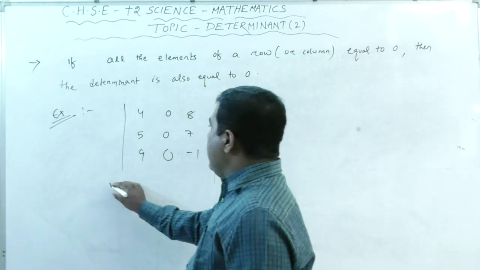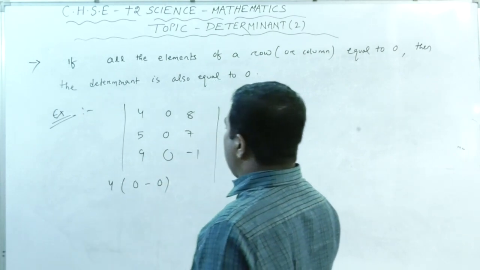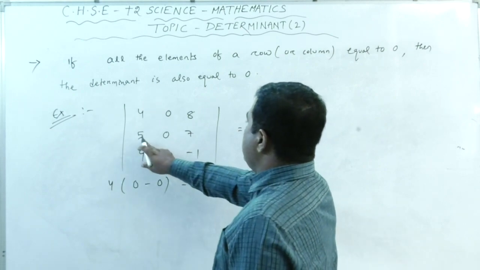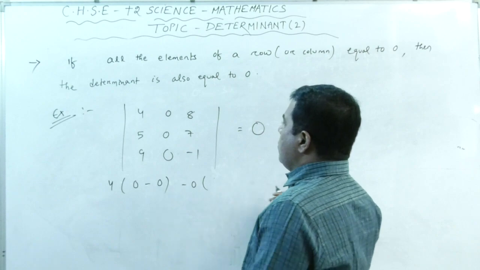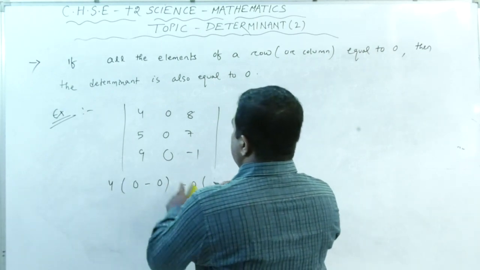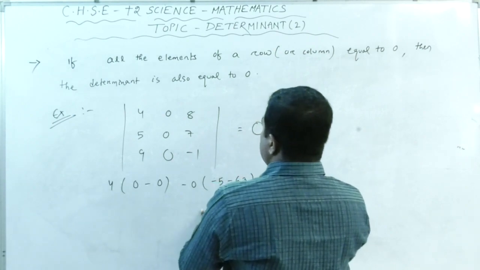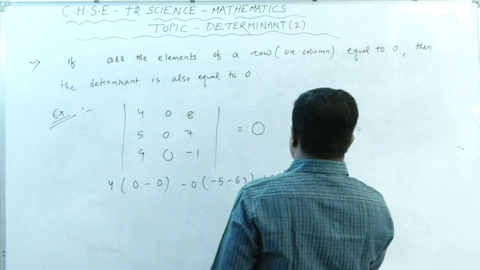You can see it. It is 4 times of 0 minus 0. Okay, you can evaluate. And minus 0 times of what we obtained there, it is minus 5 minus 63, and plus 8 times of, again, 0 minus 0.